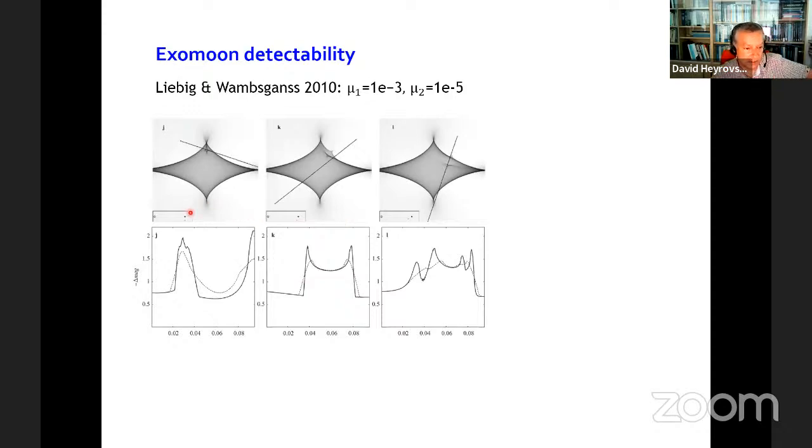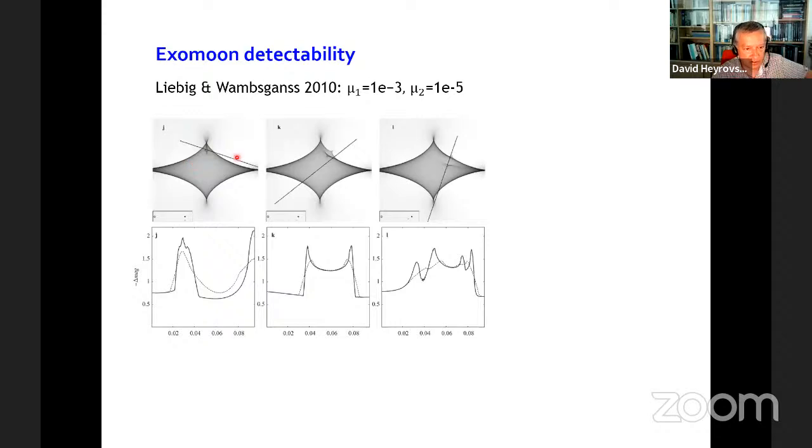In this particular case, which is really selected so that you have a really strong effect, the planet is 10 to the minus 3 of the star mass, and the moon is 10 to the minus 5 of the mass of the star. You can see that this feature is generated by the moon on the caustic. Without this, it would be just a simple planet, but with this, it's a moon.